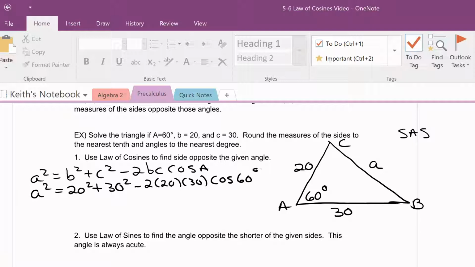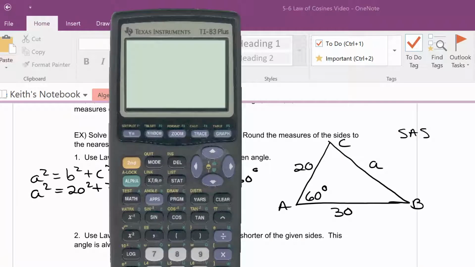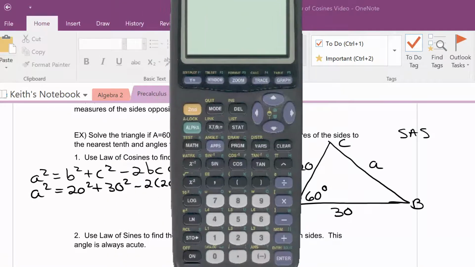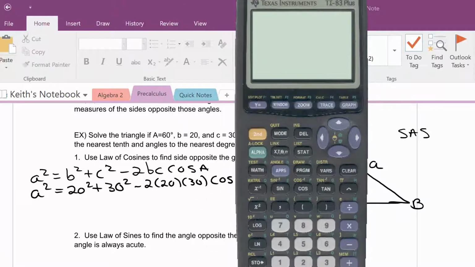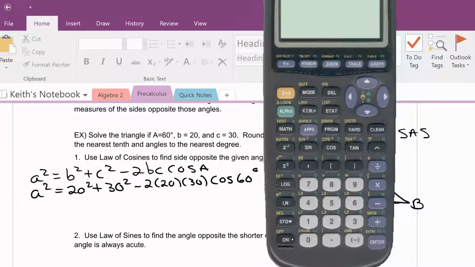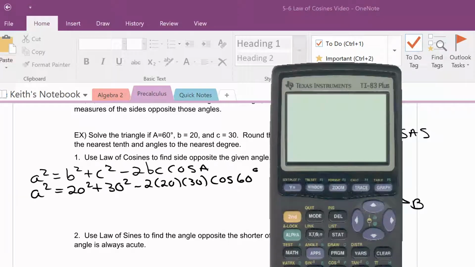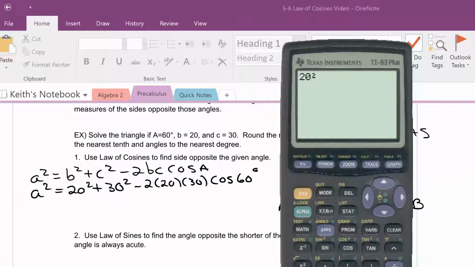All of this can be typed in your calculator. So you can go 20 squared plus 30 squared minus 2 times 20 times 30 times cosine 60.